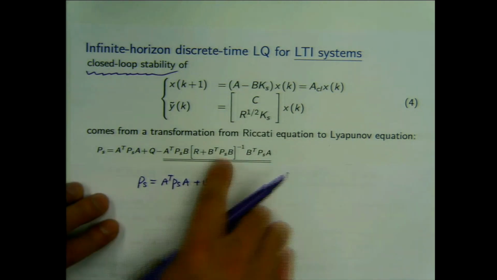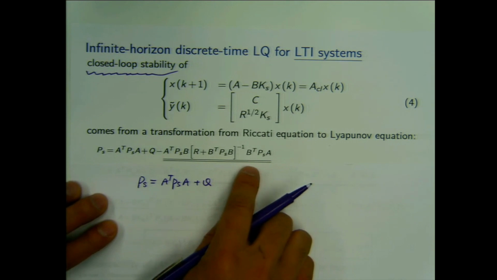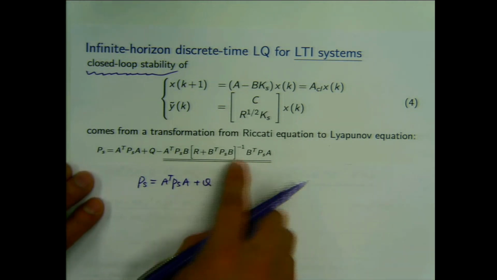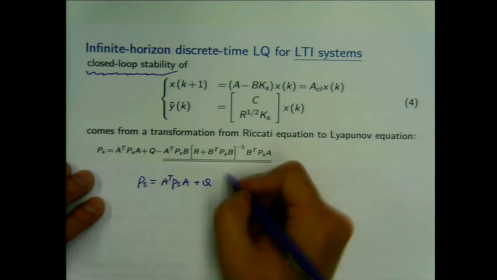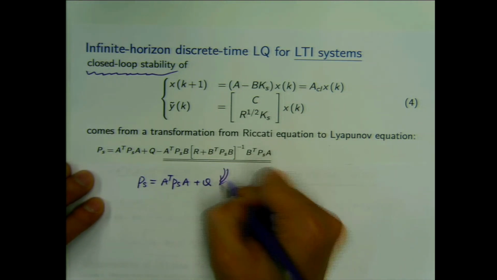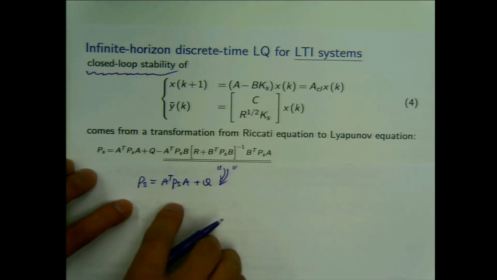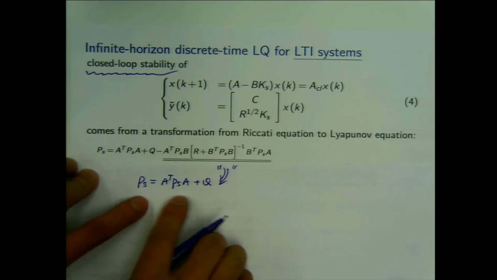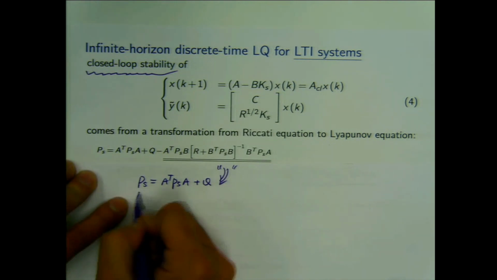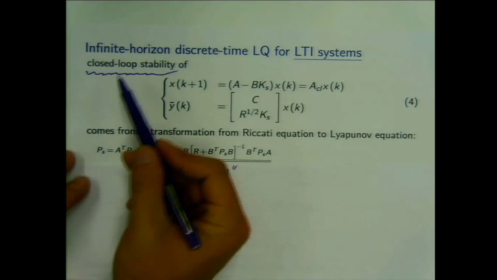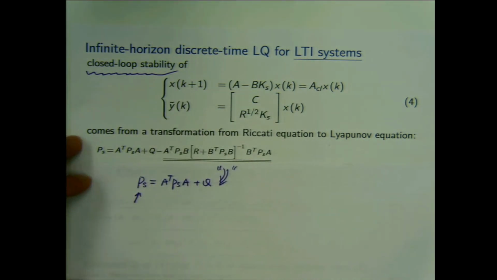And we just have some extra term over here. My next purpose is to explain to you how this can be massaged into this Lyapunov equation. And then if I can do that, and I found this is positive definite, that means I have a valid Lyapunov equation to conclude the closed loop stability.